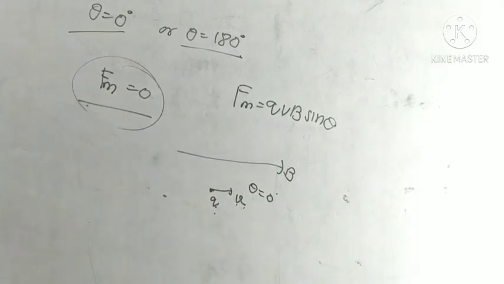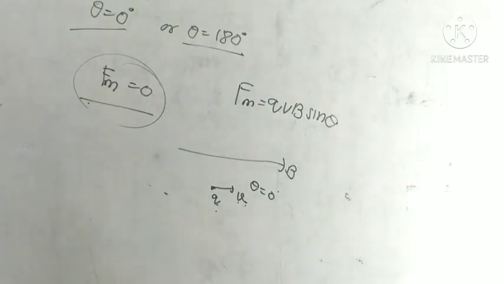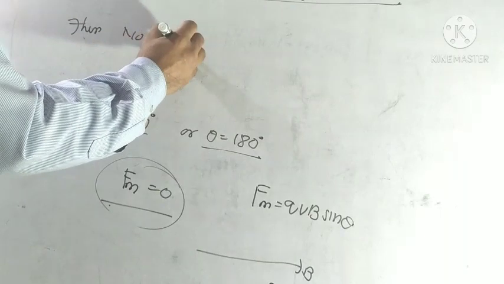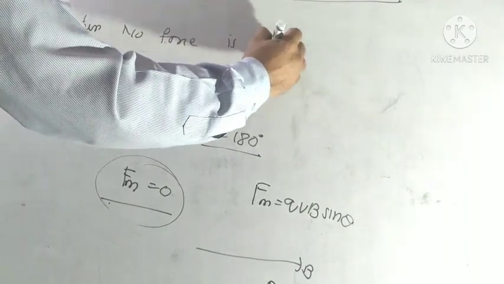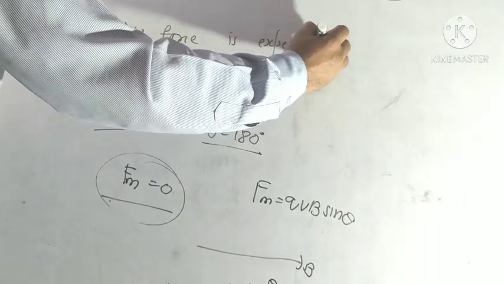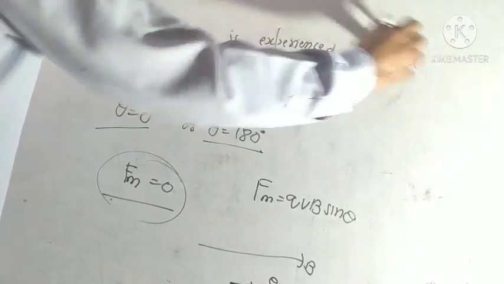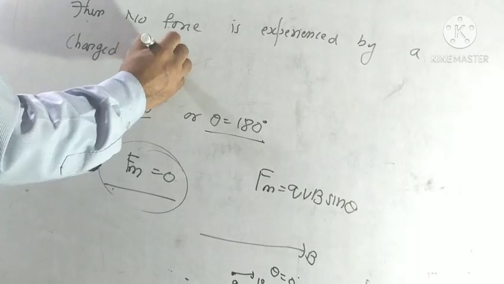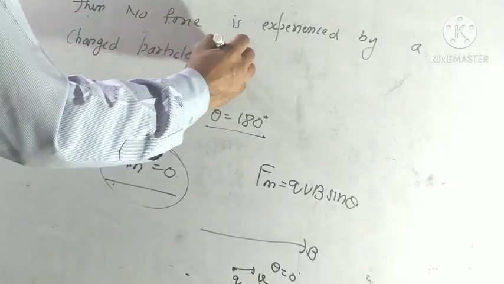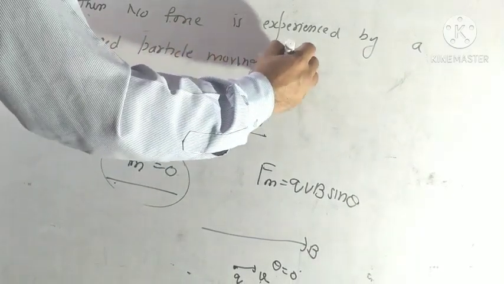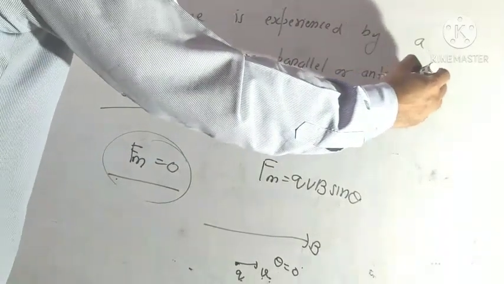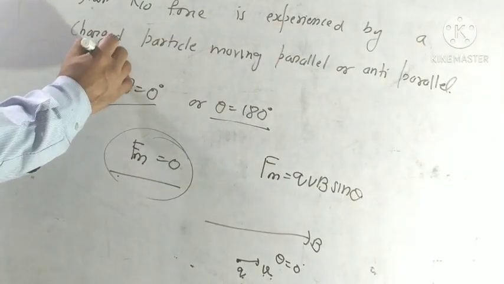So no force is experienced by a charged particle moving parallel or anti-parallel to the direction of the magnetic field.